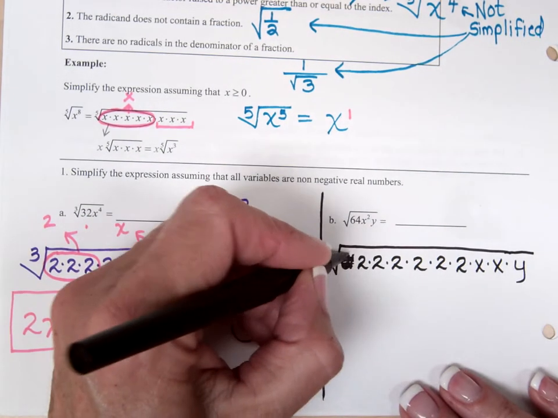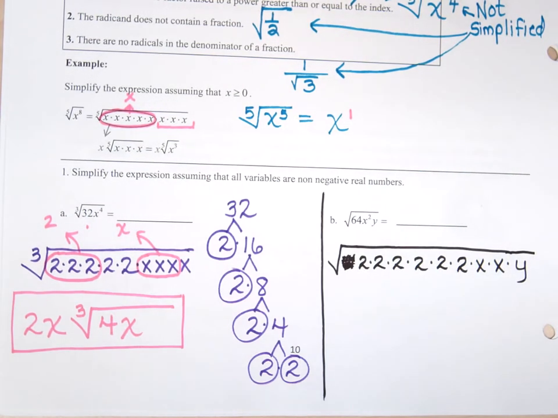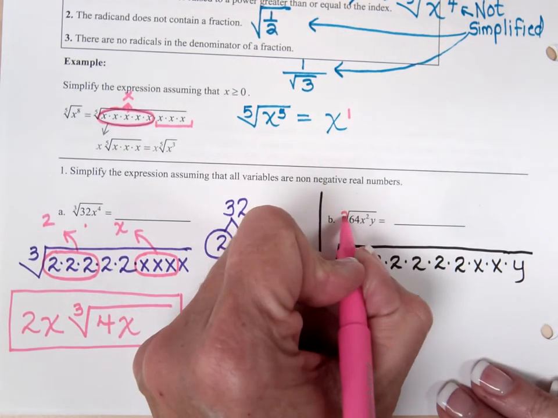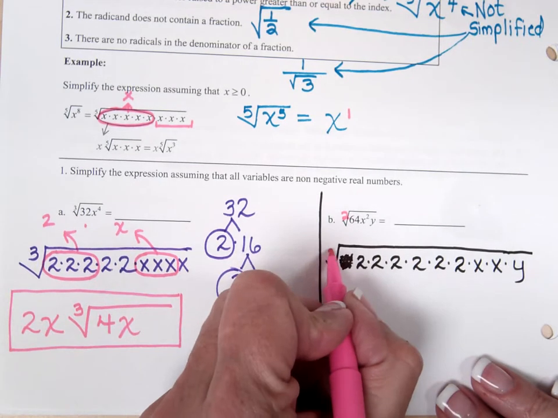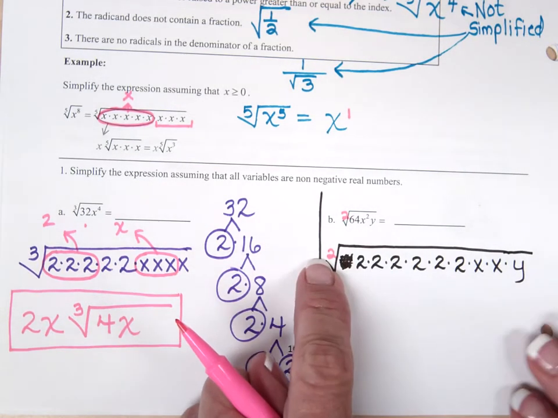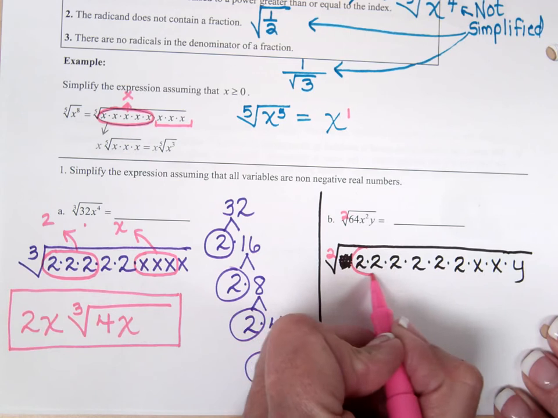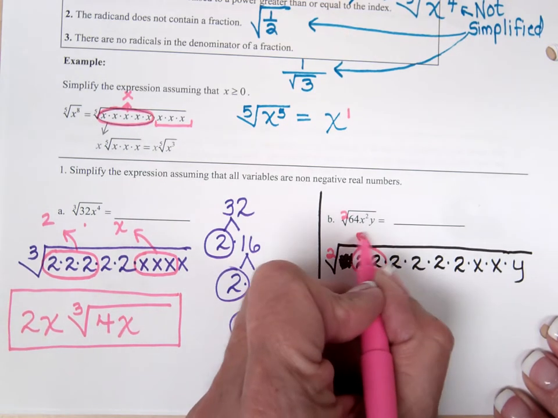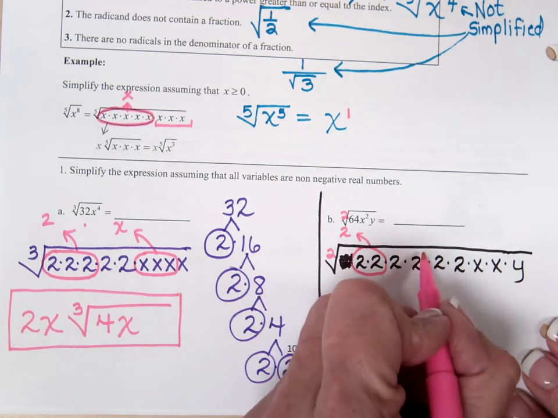So how many pairs did you circle when you tried this one on your own? Does everybody agree I'm circling groups of 2? Because this is an index of 2 whenever there's no number there. So that one's going to come out as a 2. This one's going to come out as a 2.